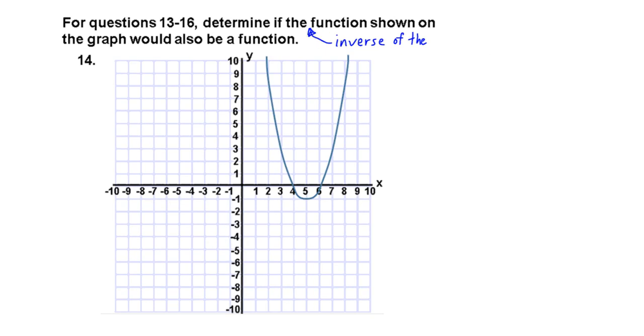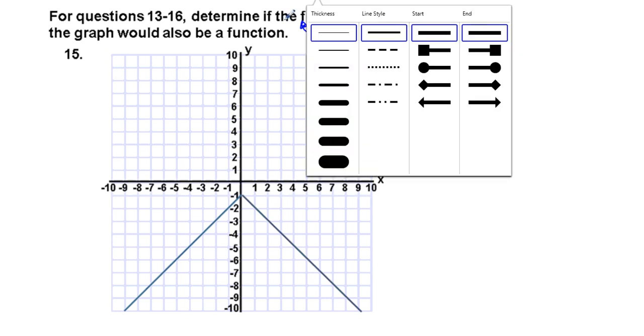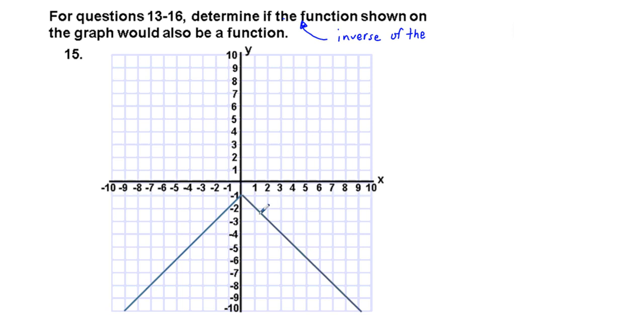And you see what I did is I wrote in determine if the inverse of the function, yeah, originally I didn't get it right. So what we have here looks like some variation of an absolute value function. I'm drawing my horizontal red line here.